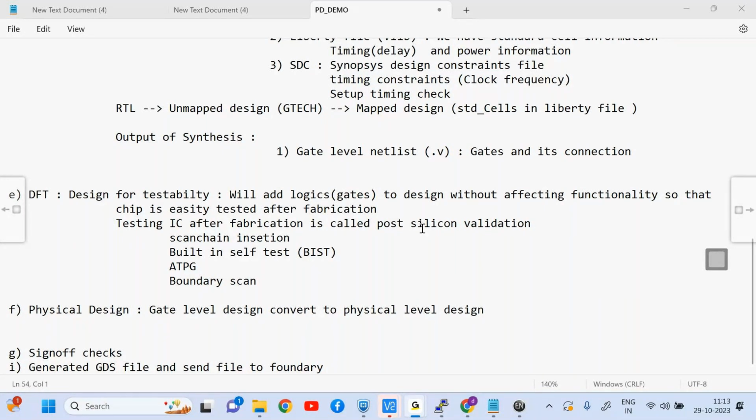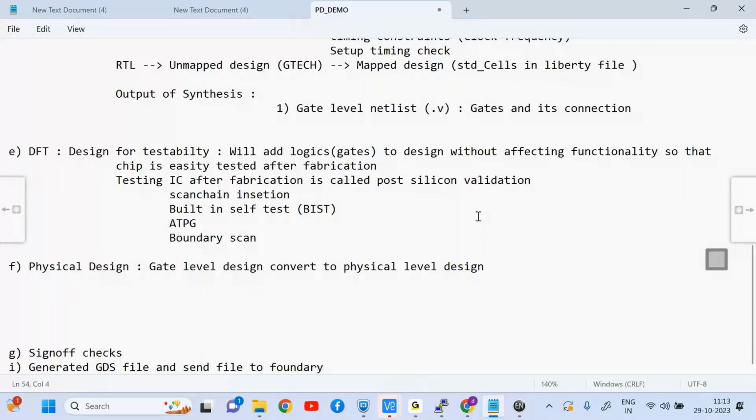Physical design starts with, mainly, we cannot do physical design for the entire chip at once. We have two types again, right? Full chip design and IP design.